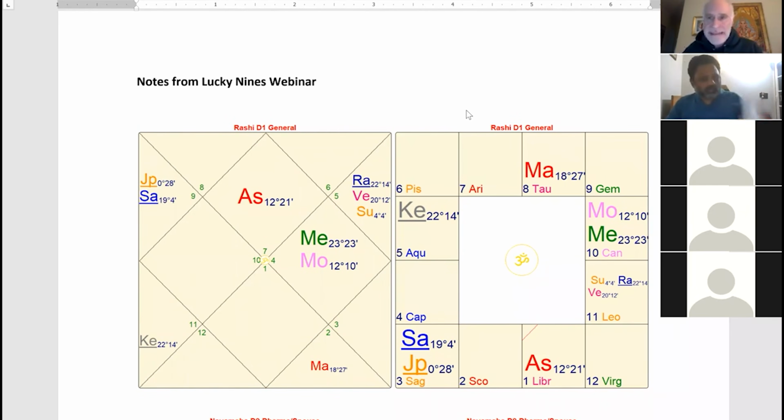Now, you could have predicted that just based on the fact that it goes to its Mula Trikona sign in the Navamsha, but because it's also in Pushkar Navamsha, that would be even more so.